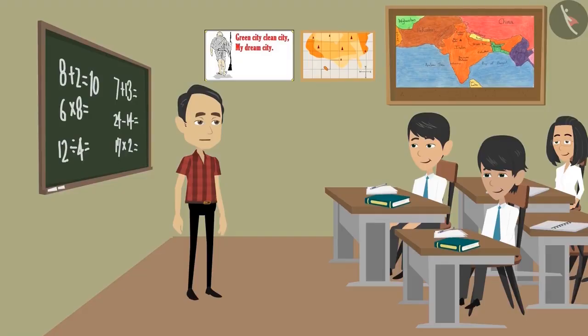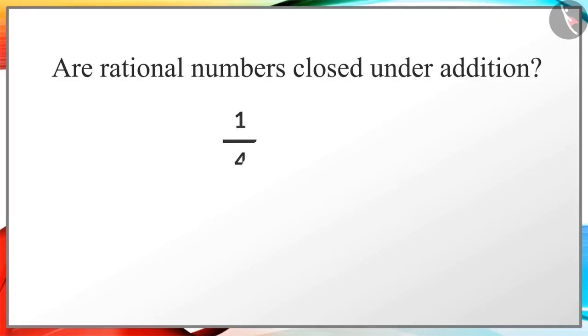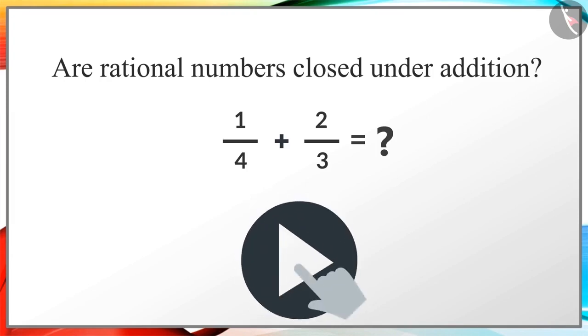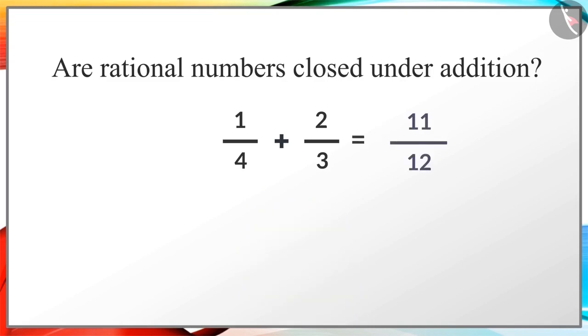Let's examine it. We take two rational numbers. What will we get by adding 1 by 4 and 2 by 3? You too try to solve this question. Children, is this also a rational number?